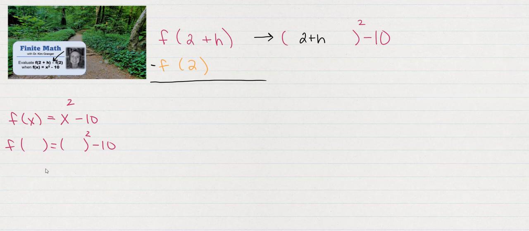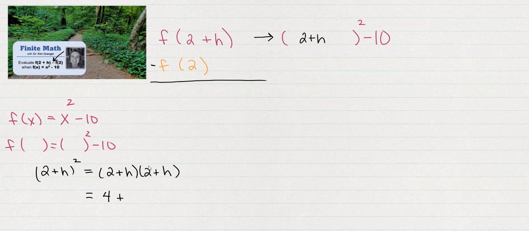Notice off to the side that 2 plus h squared is the same as 2 plus h times 2 plus h. If you are a really strong algebra student, you might recognize that that falls into a pattern: 2 squared plus 2h doubled, so 4h plus h squared.